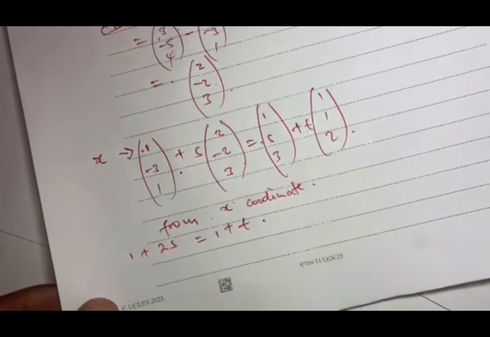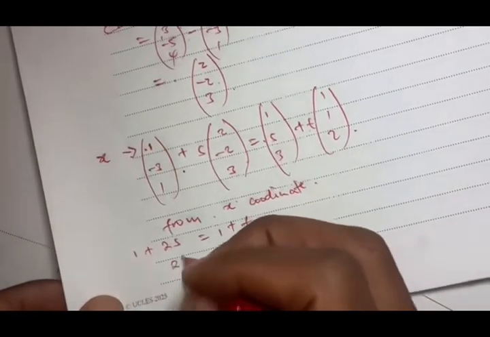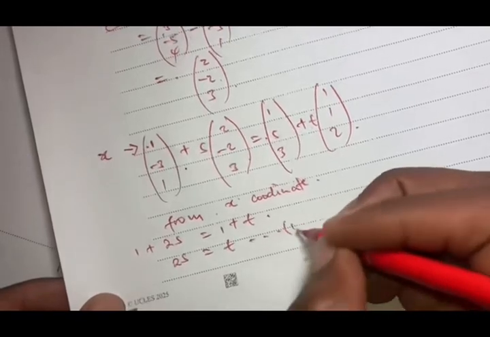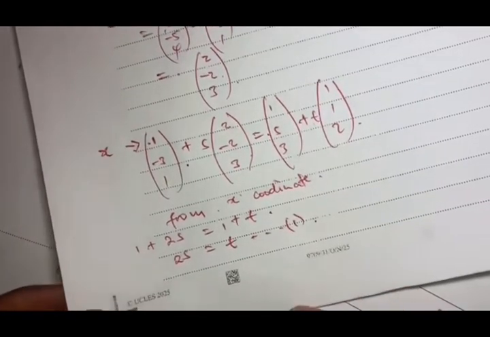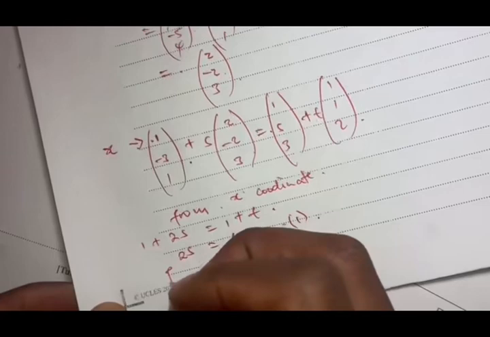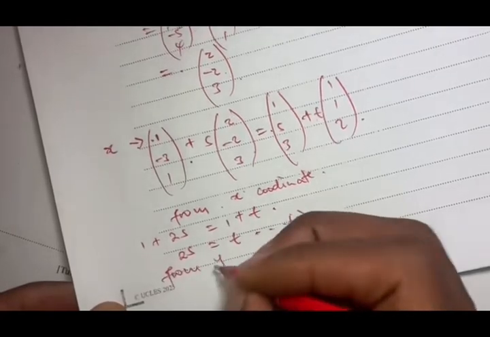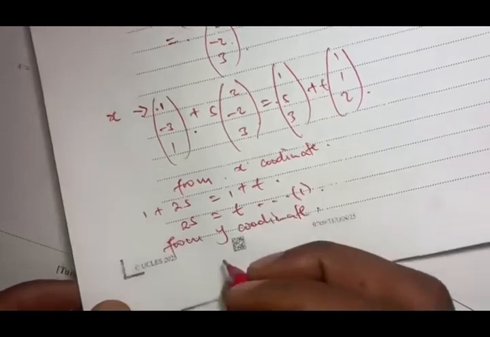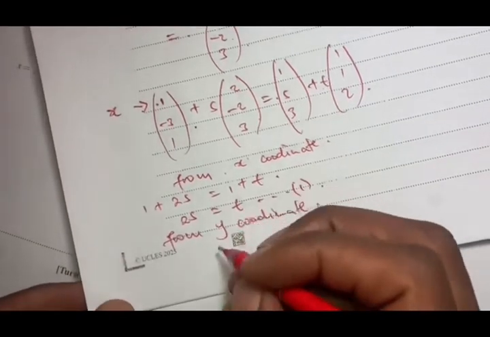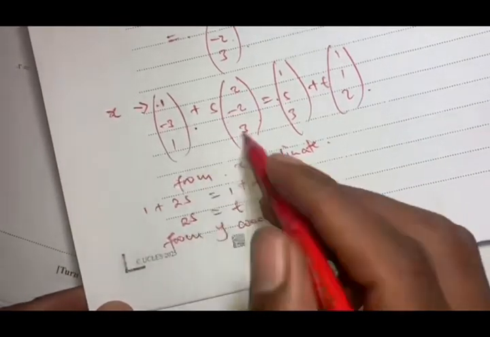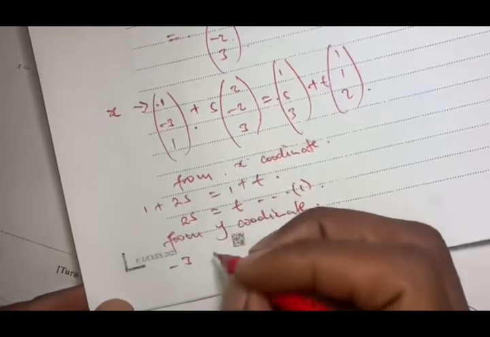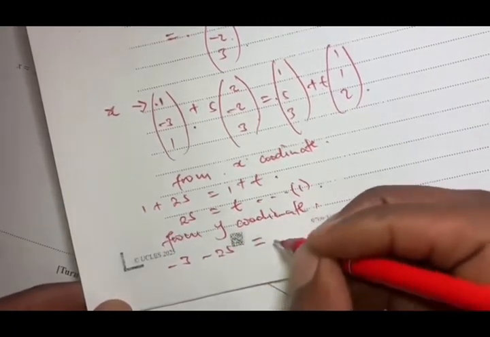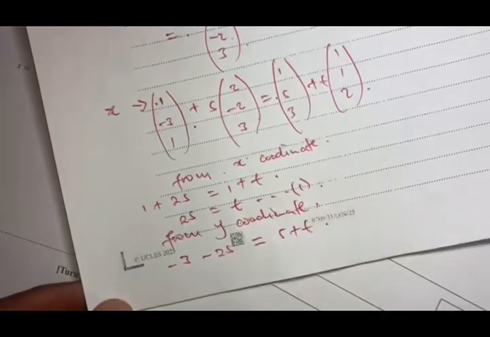If I solve that, I'll get t equal to 2x minus 2. That's equation number 1. Then from the y coordinate, minus 3 minus 2x is equivalent to 5 plus t.